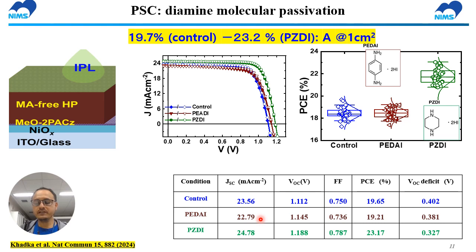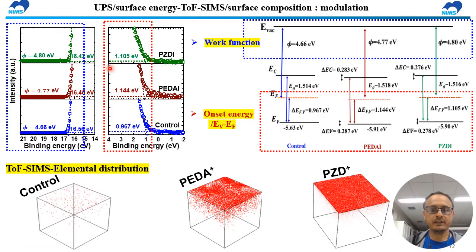To confirm in detail its effect on the surface chemistry and other characteristics, we studied those films and devices. This shows the UPS spectra, and it shows the surface energy of the control film and surface treated film.